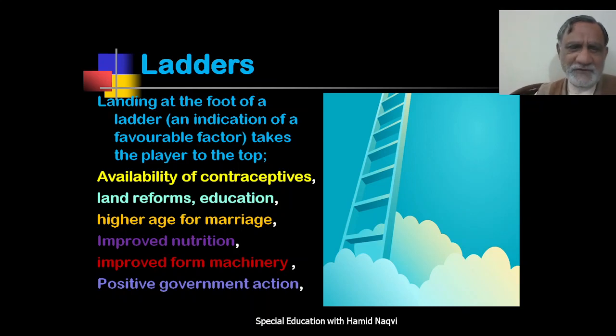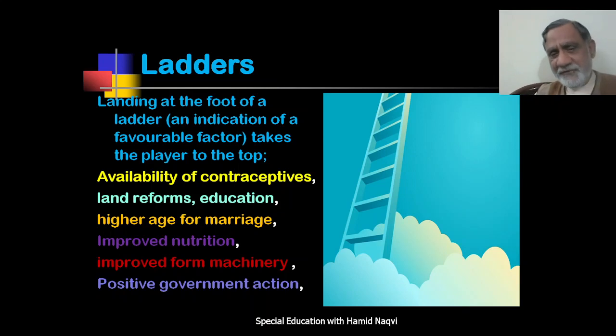And those factors which are favorable, the ladders you would find there, are availability of contraceptives, land reforms, then education. If there are land reforms, it's good from our point of view. If the population is educated, again good for us.